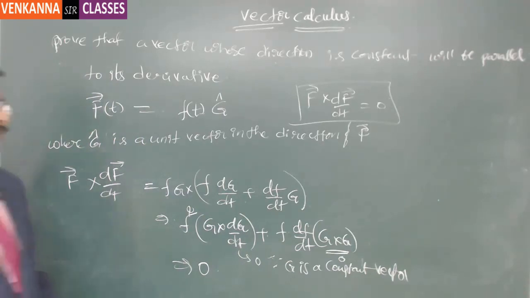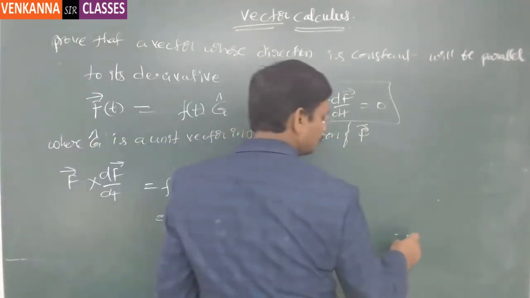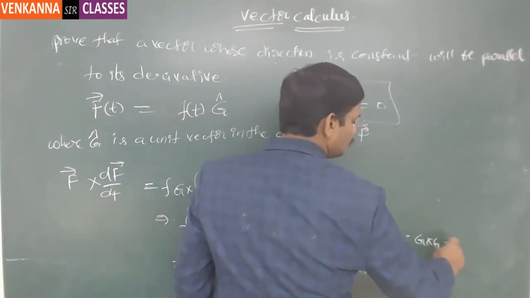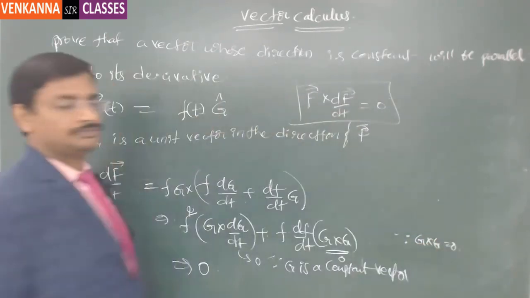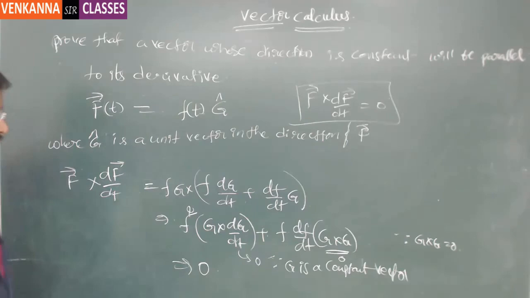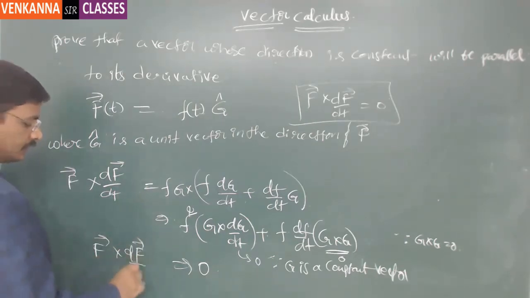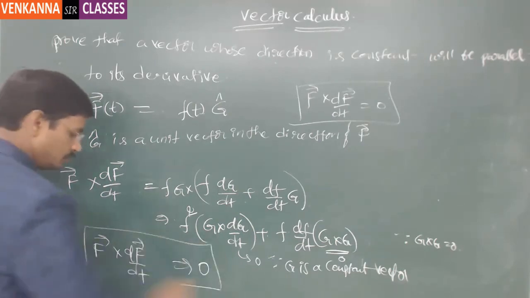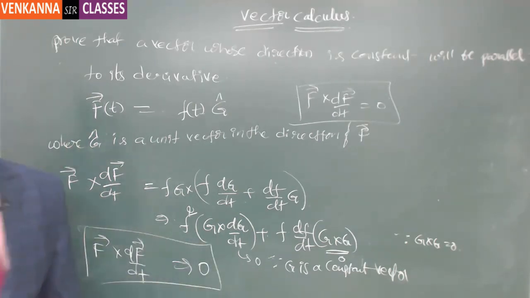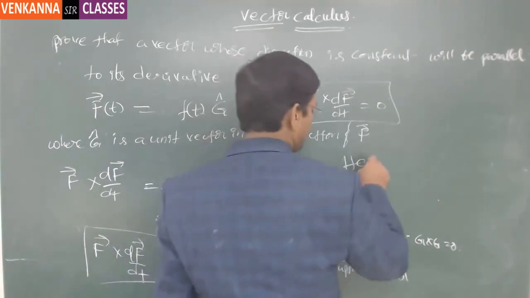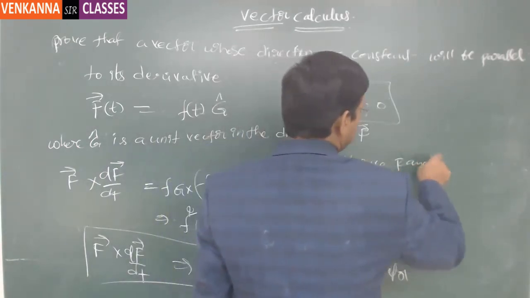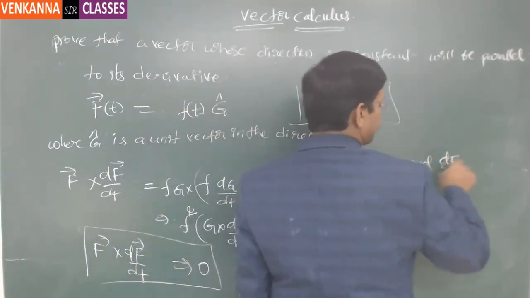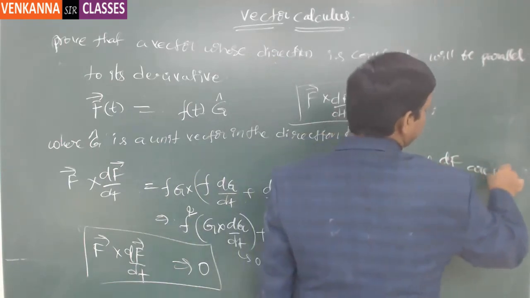So once you get into this, f cross df by dt is equal to 0. Hence, these two are parallel vectors. Got it? Hence, f and df by dt are parallel.